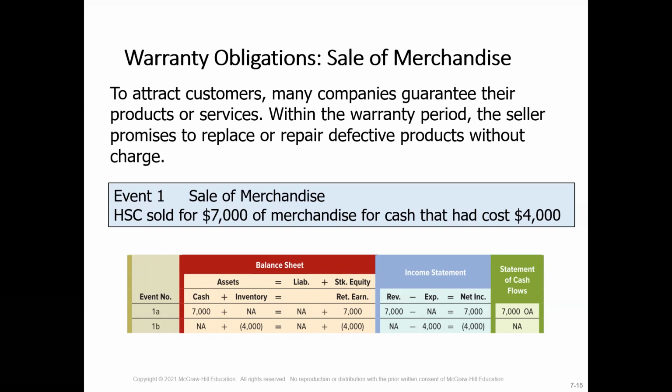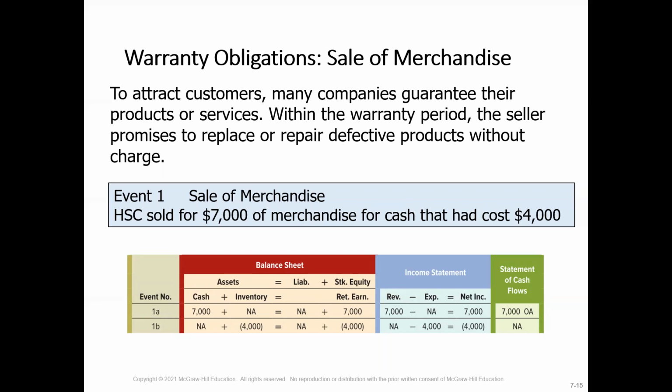So sale of merchandise, we record that as two separate transactions, one to record the sales proceeds. And as we learned before, if there's any sales tax collected, that would be accounted for in event 1A as well. Apparently, we don't have any sales tax on this transaction. It would have been a nice place to bring it in, though.